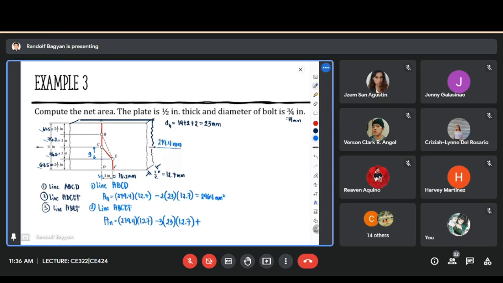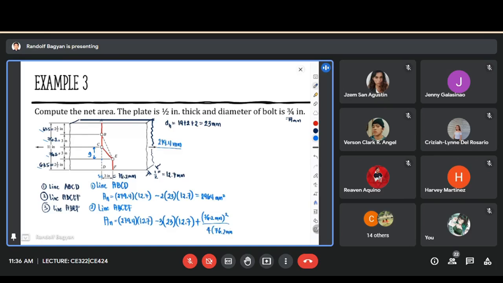So, plus S squared, that would be 76.2 mm squared divided by 4 times the gauge, that is 3 inch or 76.2 din.